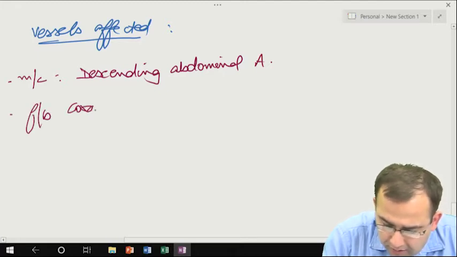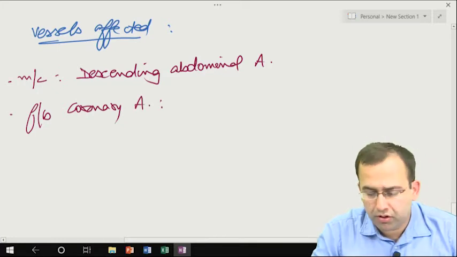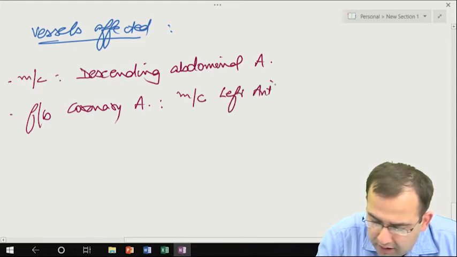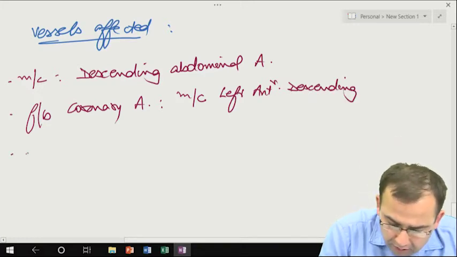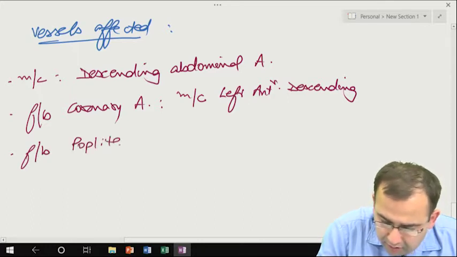coronary arteries. The most common coronary artery affected is the left anterior descending, followed by popliteal arteries.